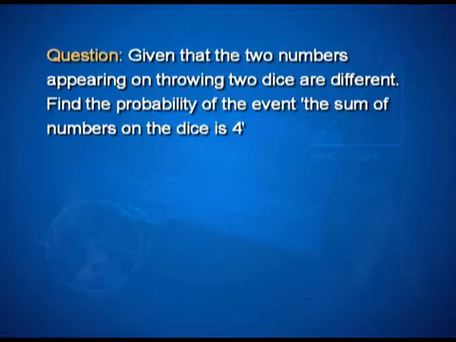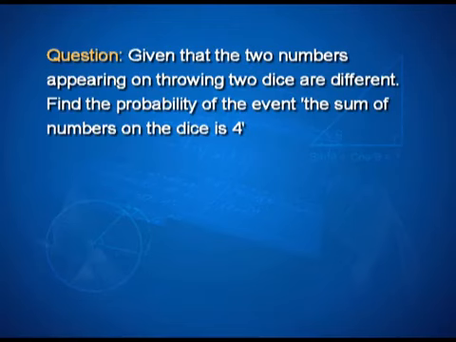The question says, given that the 2 numbers appearing on throwing 2 dice are different, find the probability of the event the sum of numbers on dice is 4. The numbers appearing on throwing of 2 dice are different, means non-doublets are appearing.